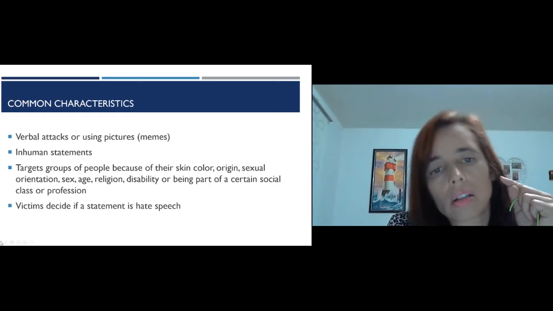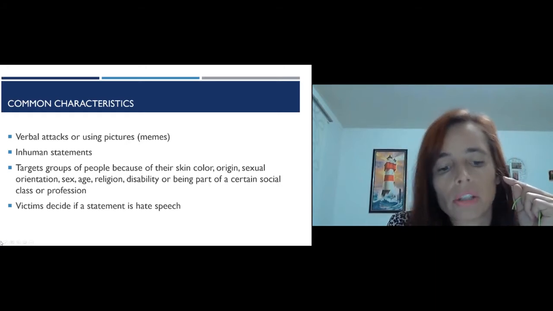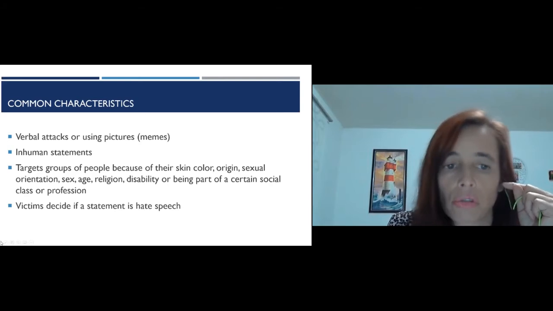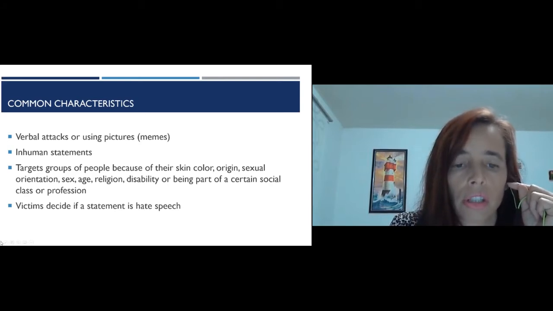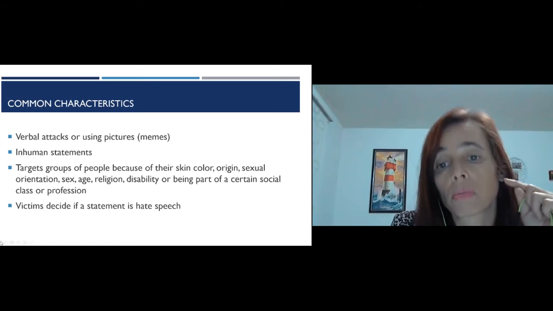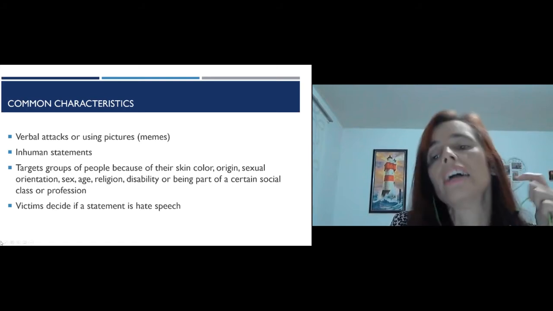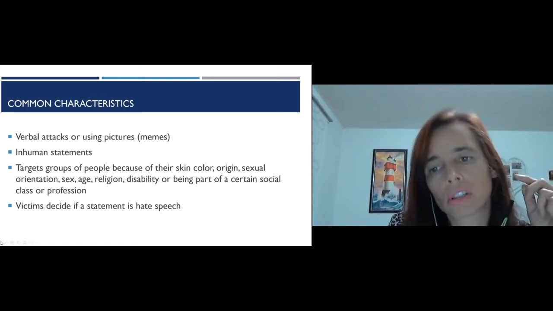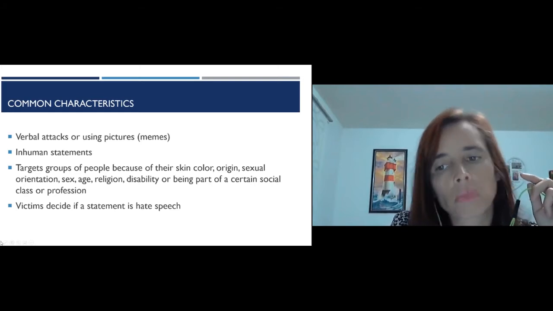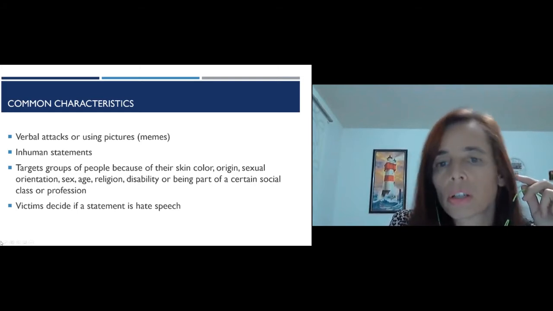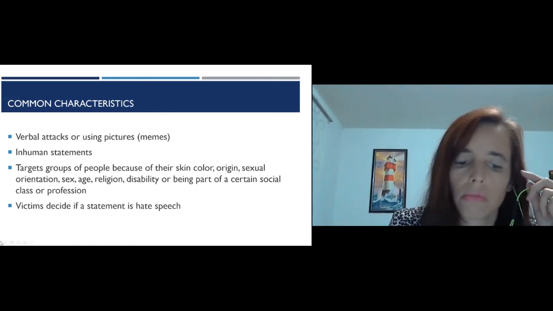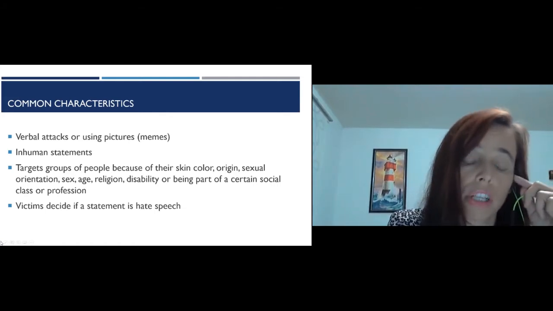All these statements are made in order to humiliate others. And as we've already seen in the United Nations definition, it targets groups of people because of their otherness: their skin color, their sexual orientation, their age, their disability, or just because of being part of a certain group or having a certain profession.